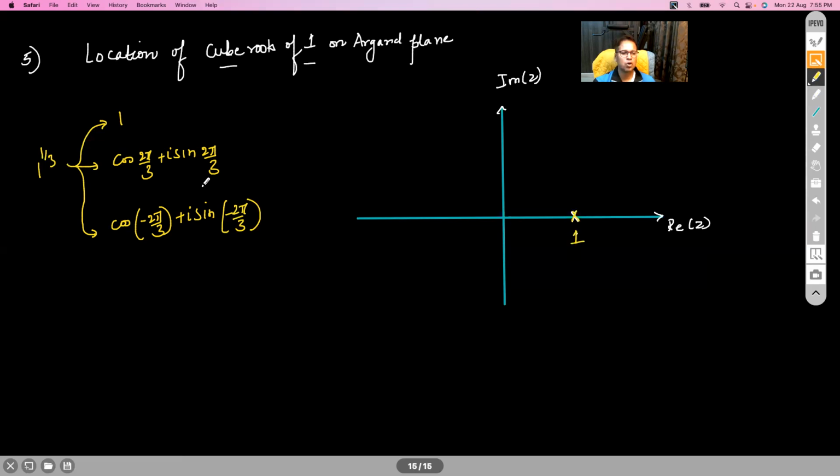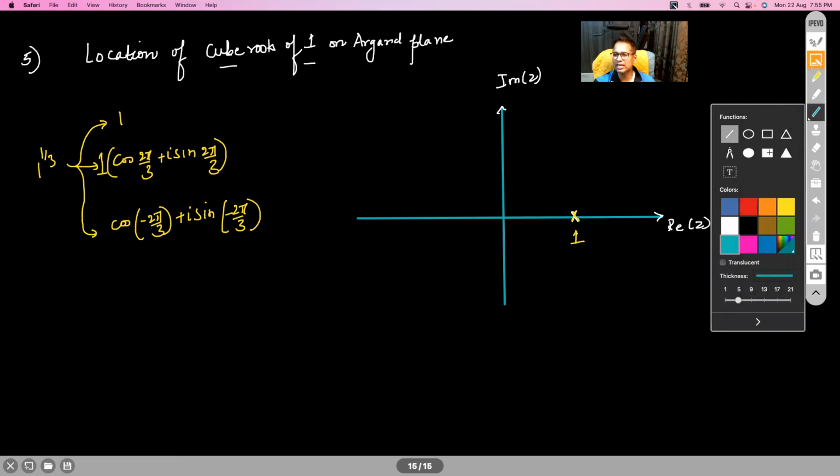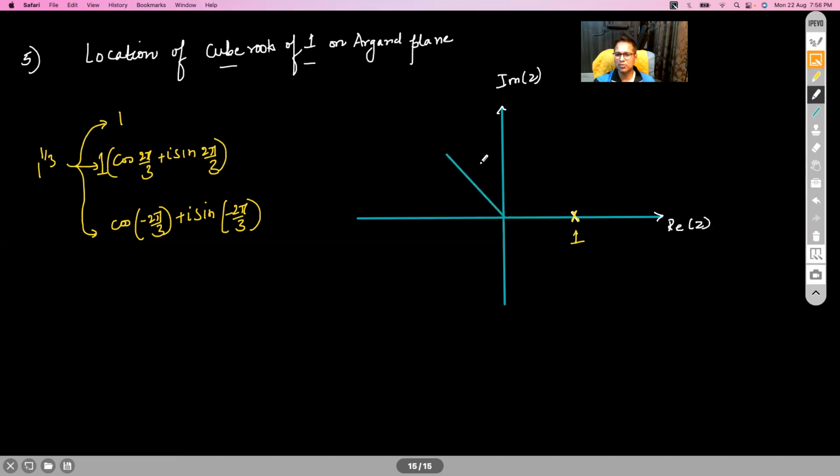Okay. Omega is located. Now see, the modulus is 1 and argument is 2 pi by 3, right? So omega will be located at an angle of 2 pi by 3 and at a distance of 1. So this will be your position of omega.